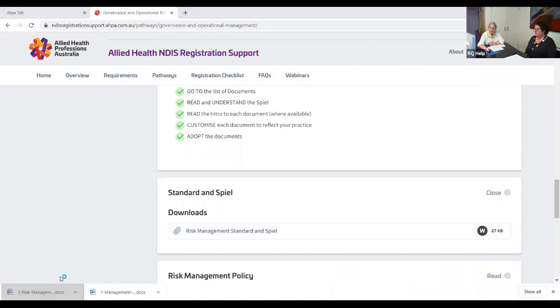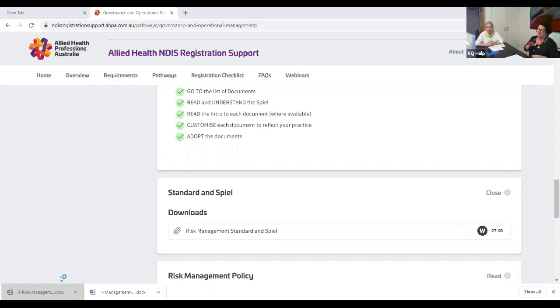So the standard says that risks to participants, workers and the provider, so you're looking after the risks attached to your business, are identified and managed. So risk to participants, so there's financial, WHS, safety and risks associated with the provision of supports, which includes your business continuation, so that you can actually continue to be looked at.